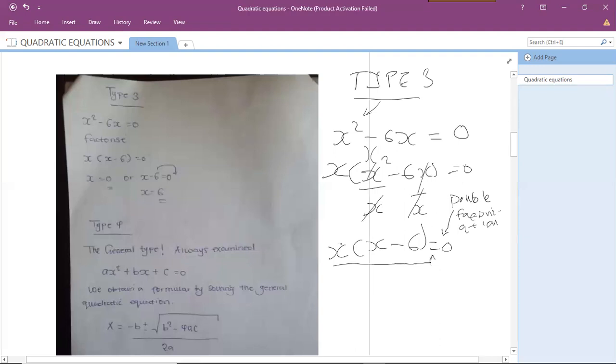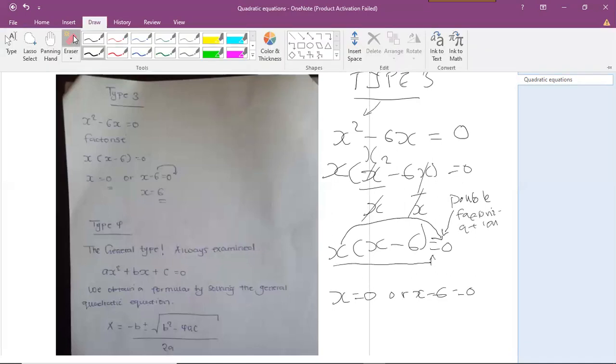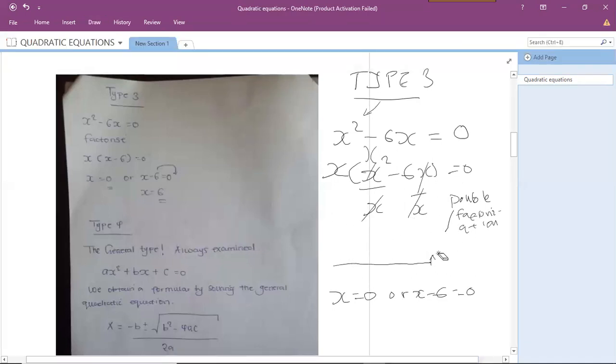We're going to say it's either x is equal to 0 or x minus 6 is equal to 0. So the initial equation is like this. After factorization, we were left with x, open brackets, x minus 6, is equal to 0.